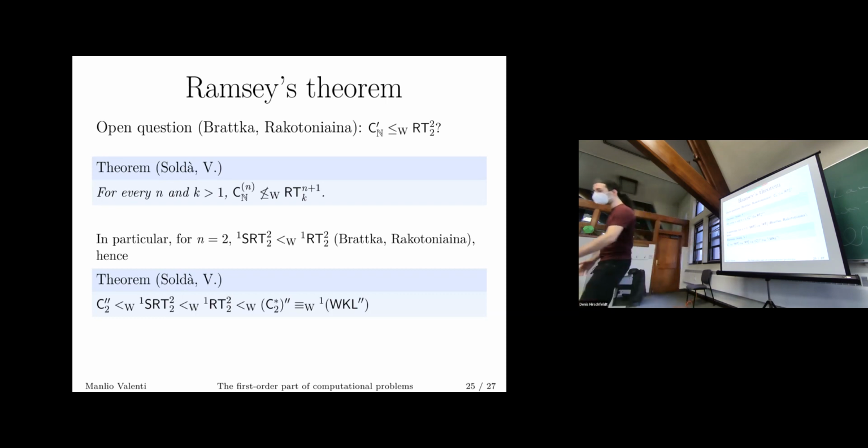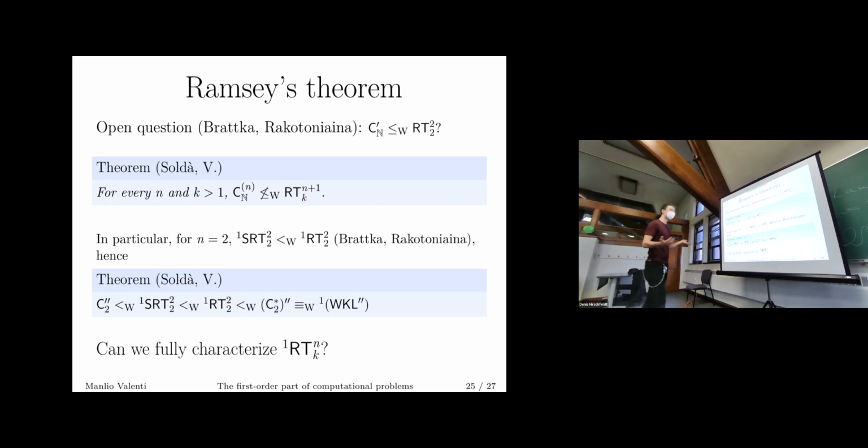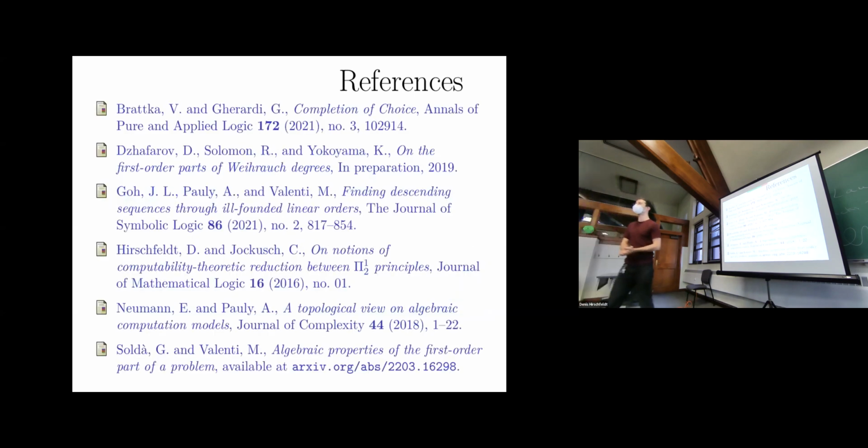We don't have, unfortunately, a better characterization, but this is very Ramsey-ish, right? To always be on its own and never be comparable with anything. So, it's like, okay. Yeah, so we leave this open question, and there are a few references. Thank you very much.